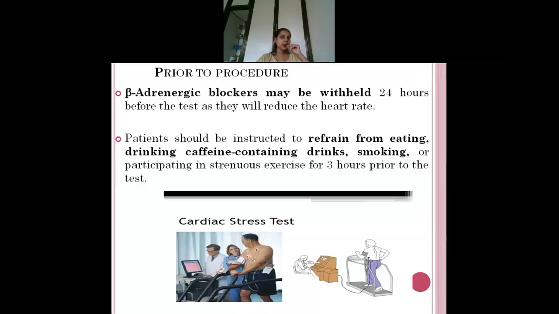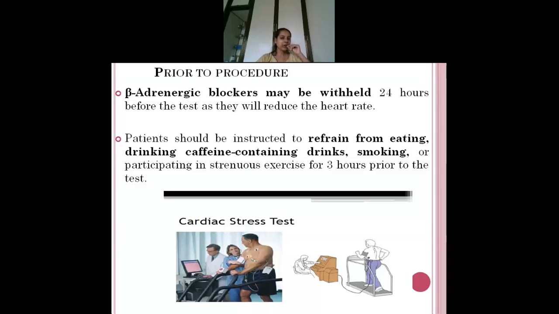So beta blocker drugs should be withheld or should not be taken at least 24 hours prior to the procedure. Next pre-procedure care is, tell the person not to take a heavy meal before the procedure. You know, if you take a heavy meal, you can never go for exercise, isn't it? So tell them to have something light, and tell them not to participate in very heavy or strenuous exercise before coming for the stress test. Suppose before coming for the stress test, they came by walking 2-3 kilometers or by cycling 2-3 kilometers. What happens?